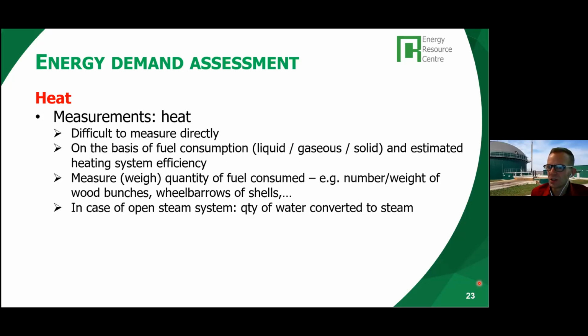What is often possible is to make some estimations on the basis of the amount of fuel that is consumed for the production of the steam or the hot water, whether that's liquid, gaseous, or solid fuels, and combine that with an estimate of the efficiency of the heating system.